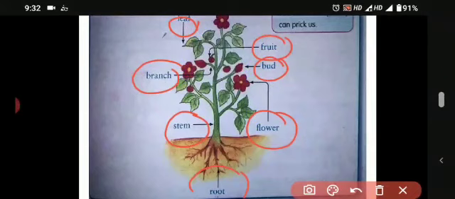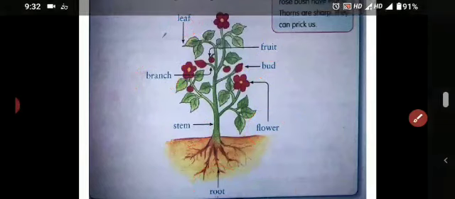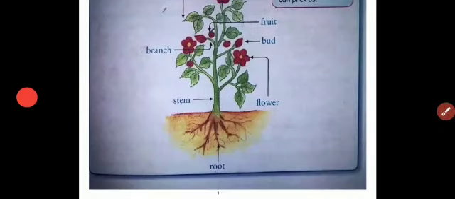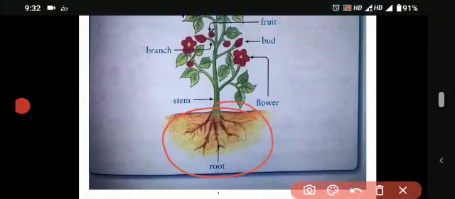First we will discuss the first important part of the plant, that is root. So what does the root do? Roots absorb water and minerals and transport them to the stem.